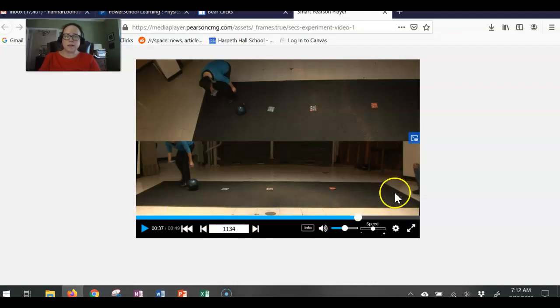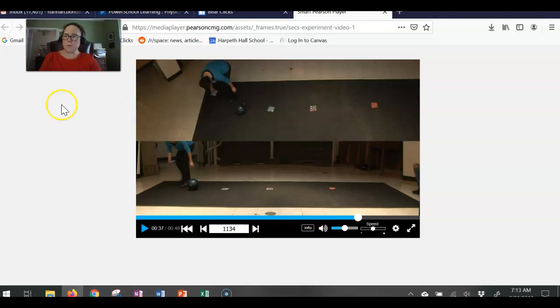If I look at how far it's moving between when the packets are placed down, the packets are getting closer and closer together. These packets are closer than these, and these packets are closer than these. So the distance between the packets is gradually getting smaller because the ball is slowing down. There's friction between the bowling ball and the carpet that causes it to slow.